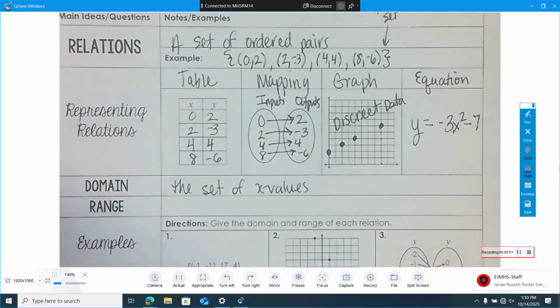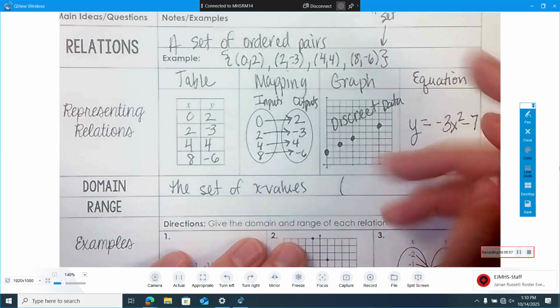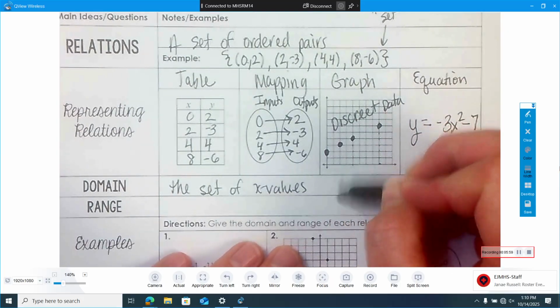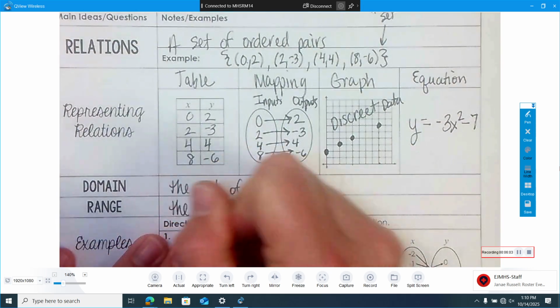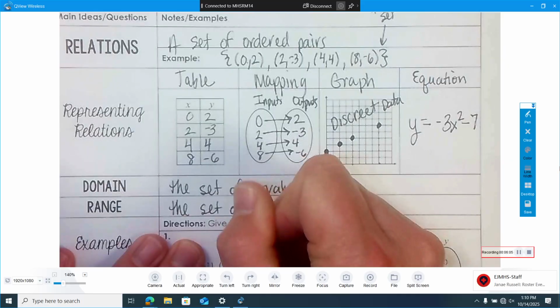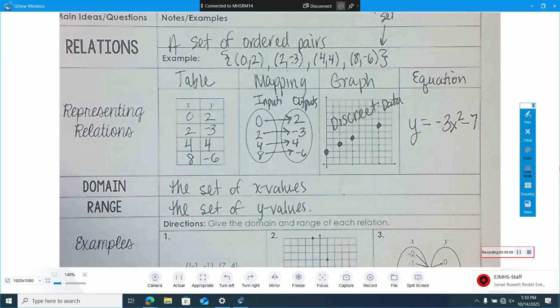It is all the x values that you're allowed to use. That is what domain is. It is what makes up the x-axis, if you will. What's the range? The set of y values. If we were graphing, these are the y values that would make up our graph, okay?